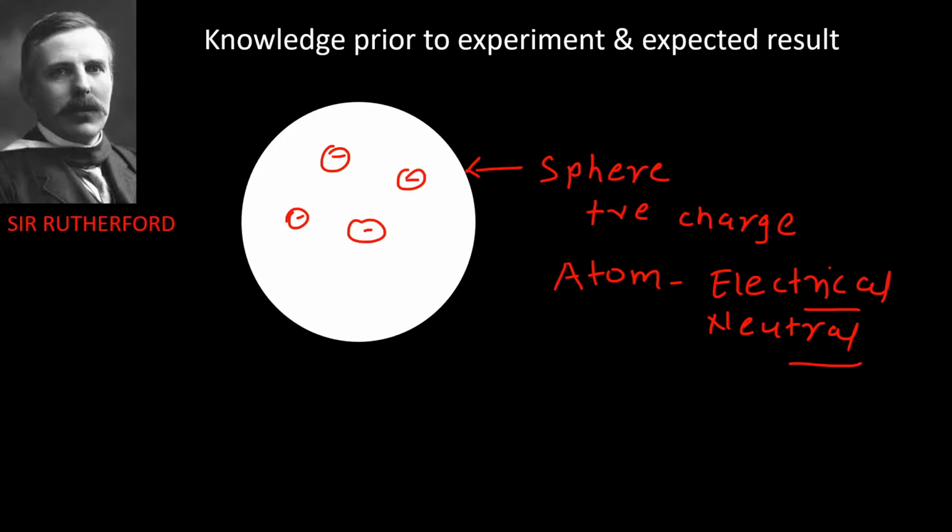It explained the electrical neutrality of the atom wonderfully, whereas this arrangement of positive charge and negatively charged electrons was not explained by Sir J.J. Thomson with experimental proof.